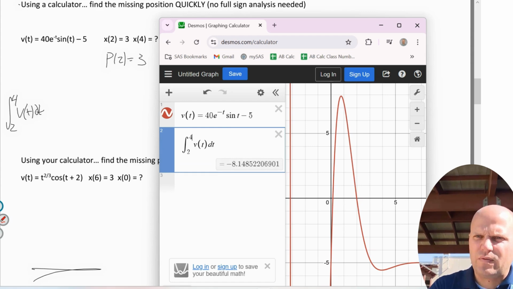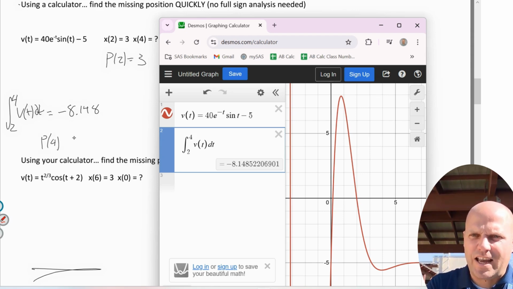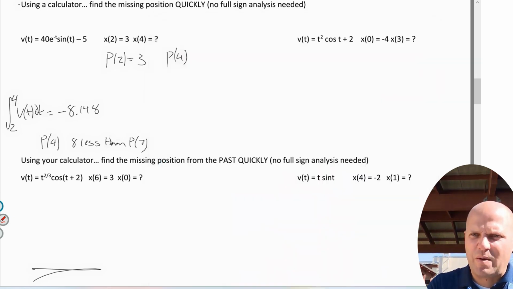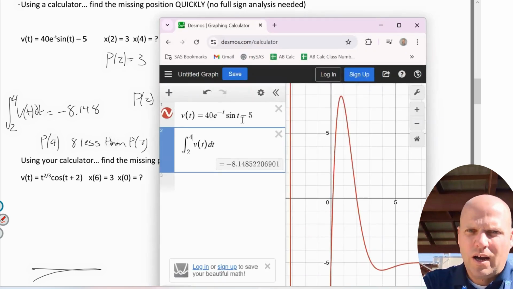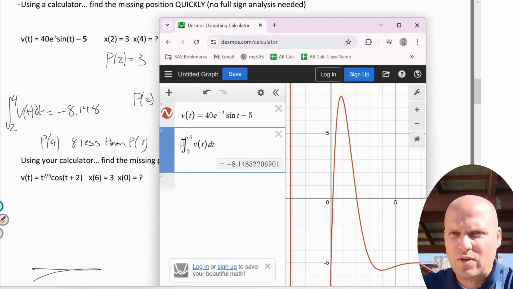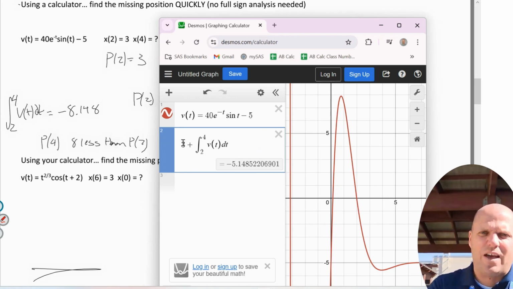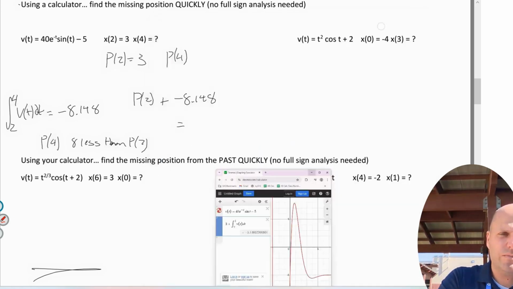I get negative 8.148, which means my position at 4 is 8 less than my position at time 2. If I have my position at time 2, I will add this negative 8.148 value to get my position at time 4, or I do this value 3 plus that value to get negative 5.148.